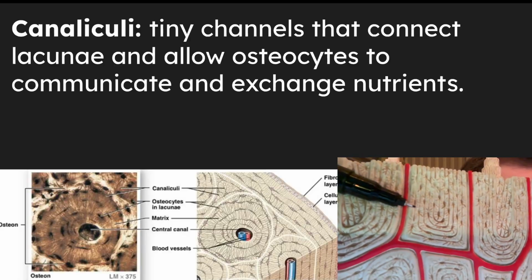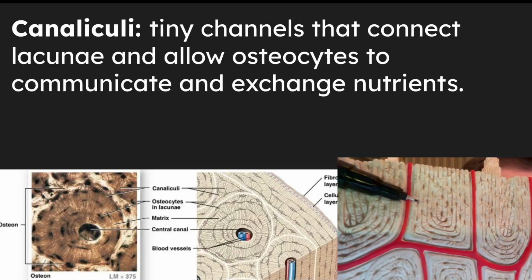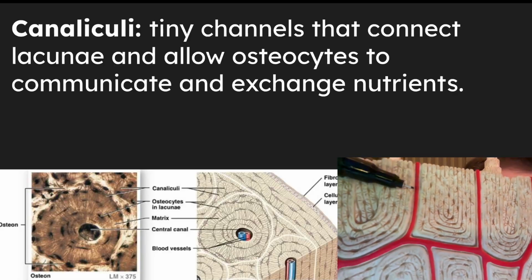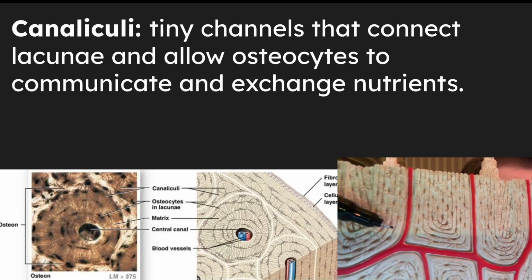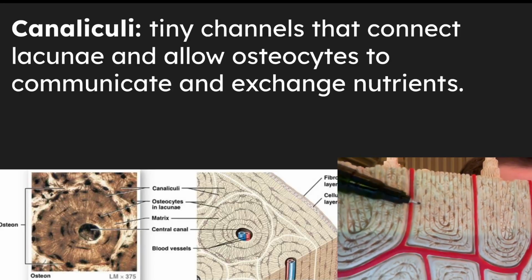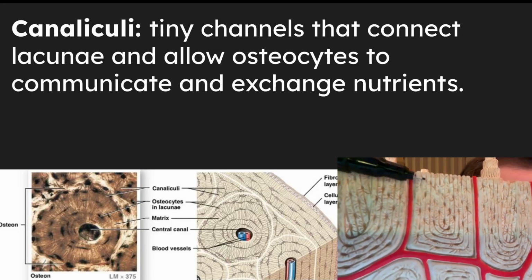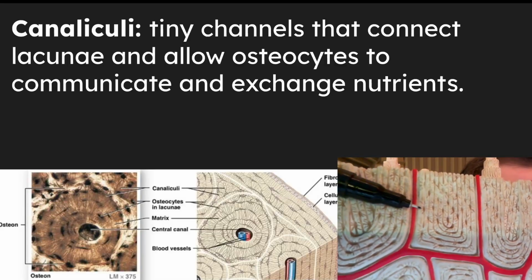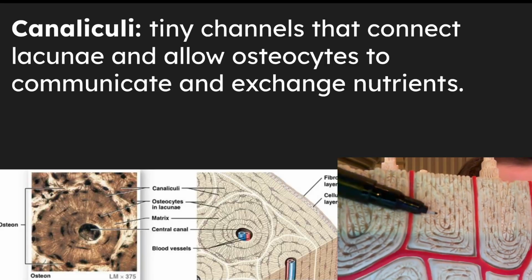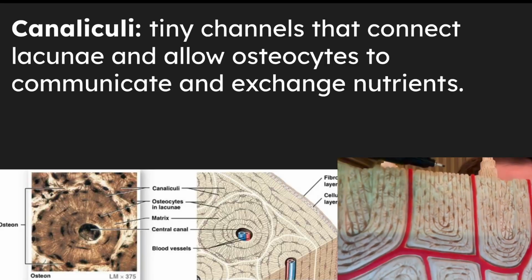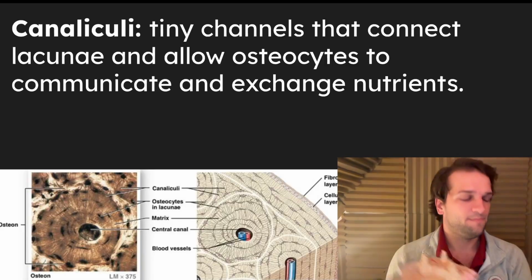Those are called canaliculi. And all that they do is they allow for blood to be diffused from the Haversian canal through the lamella, right? And if we feed this osteocyte enough blood, the blood continues moving through those canaliculi into all of the lamella.